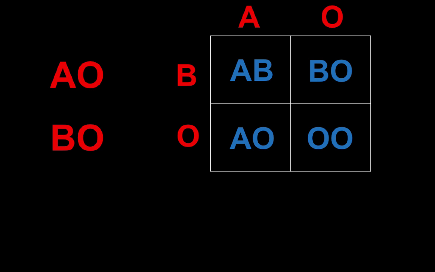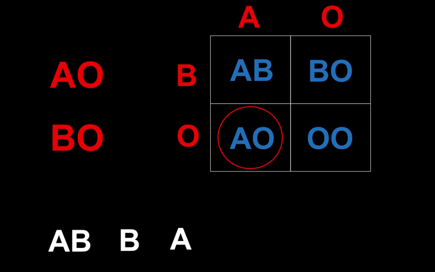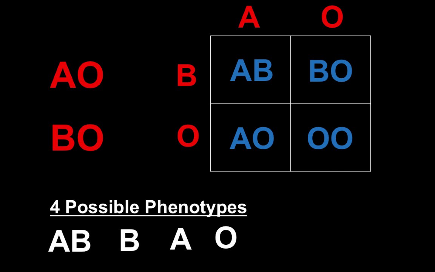So from these 2 parents, I actually end up with 1, 2, 3, 4 different possible phenotypes. These parents can give me 4 different kids with 4 different blood types. And that's because I have those multiple alleles and I have codominance involved. And that is incomplete dominance, codominance, and blood type.